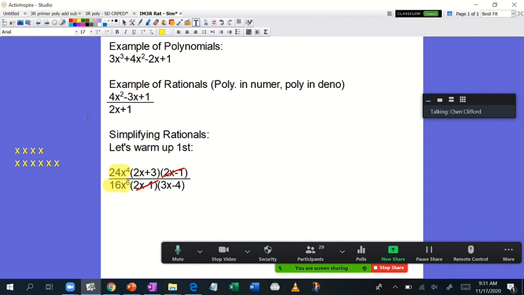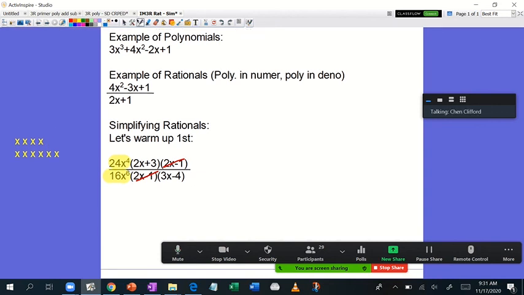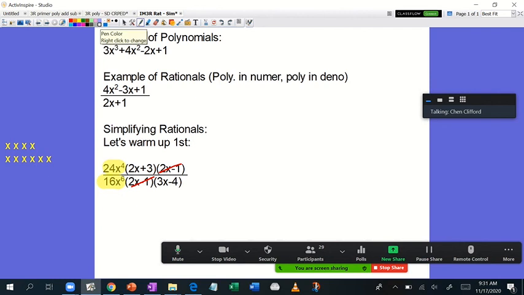Let's see what happens when we cancel them out. How many are left over after we cancel? These 4 cancel out with these 4, so I'm left with 2 x's on bottom. So I get x to the power of 2 on bottom.